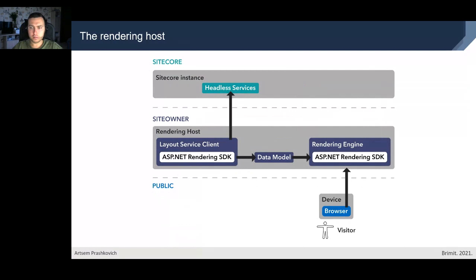The layout service client, which is part of the ASP.NET Rendering SDK, fetches the relevant content and presentation data, the model data, from the Sitecore headless services. We saw that on the previous diagram. The layout service client passes the data model to the rendering engine, which is also part of the SDK. The rendering engine renders the data model, your code, and static resources into the final response and returns it to the visitor.